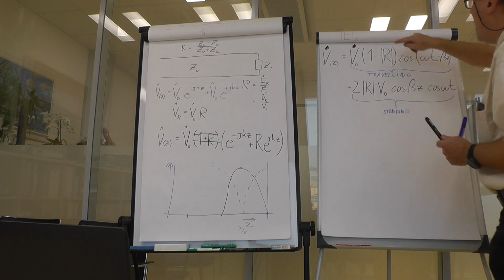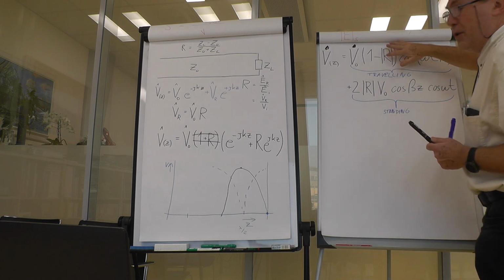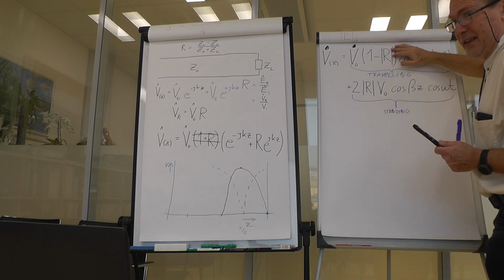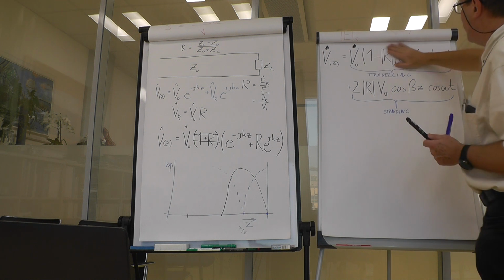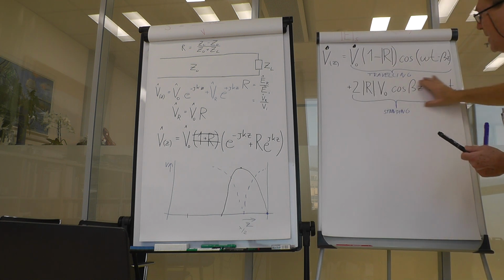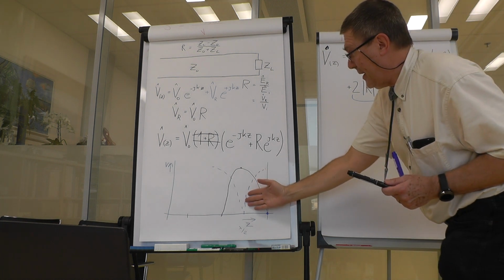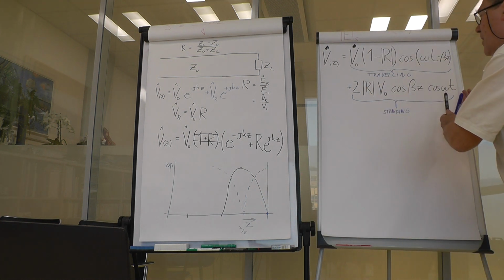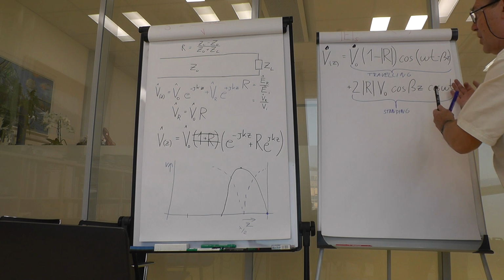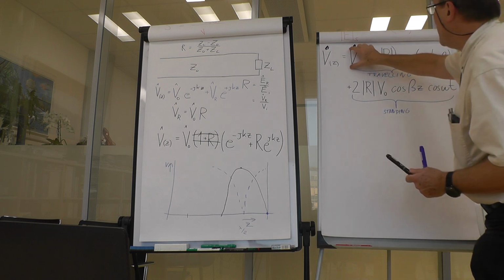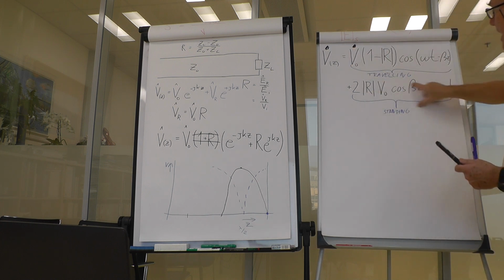So if the coefficient of reflection would be in magnitude unity, then we would not have this term, and we will only have a standing wave, like here. If the coefficient R would be 0, then we would have only a traveling wave and no standing wave.